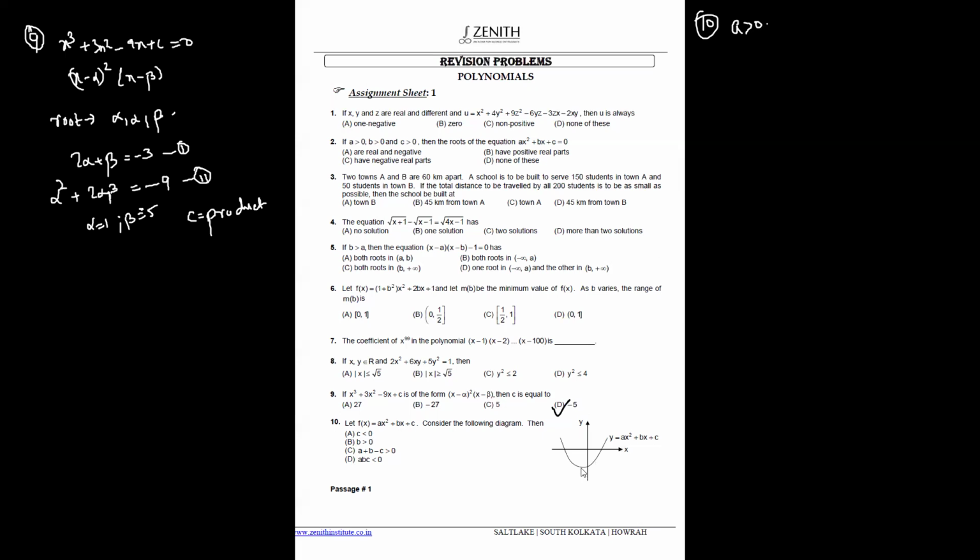The vertex lies in the third quadrant, so minus b by 2a has to be negative, but 2a is positive, so this implies b has to be positive as well. And for C, we look at the y-intercept. The intercept is negative, so C would be negative.